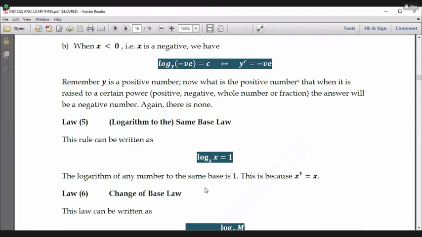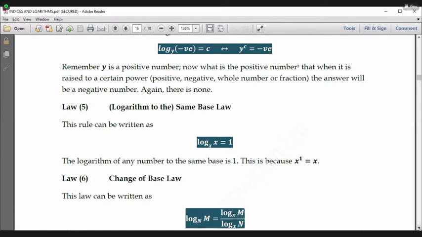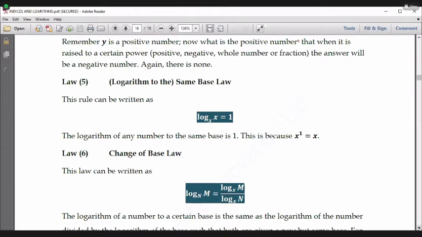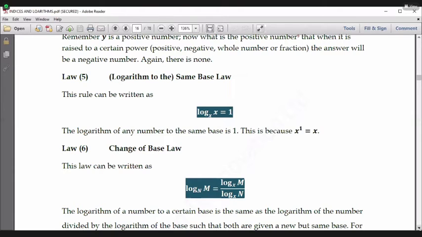I want to use my calculator to get log to base 3 of 7. What would happen? This is where we talk about the change of base, because our calculators are programmed in a way that we can only use either log to base 10 or log to base e, but commonly we are using log to base 10.